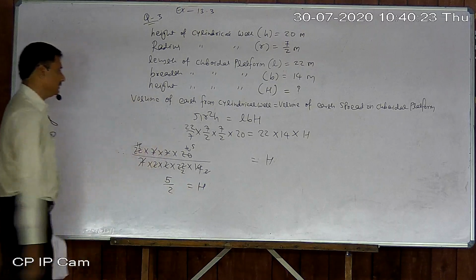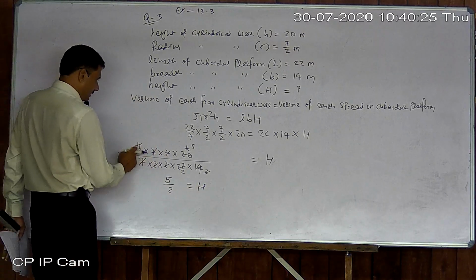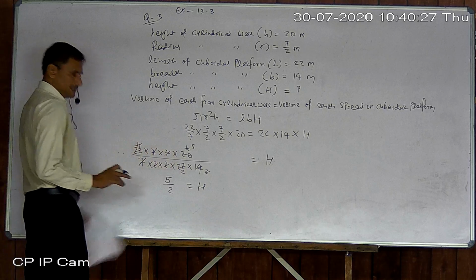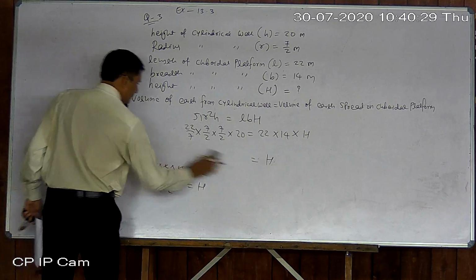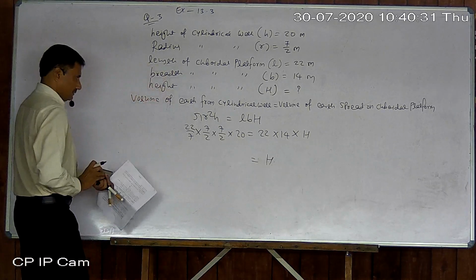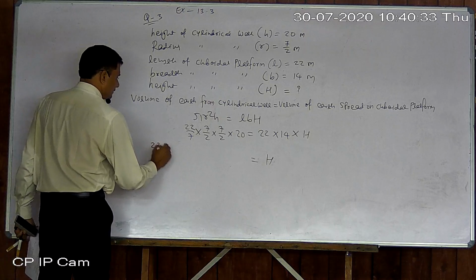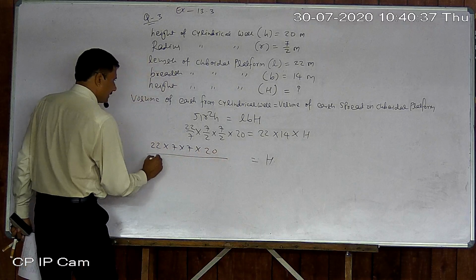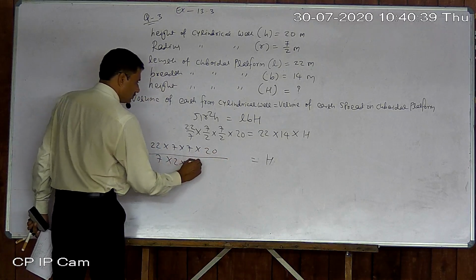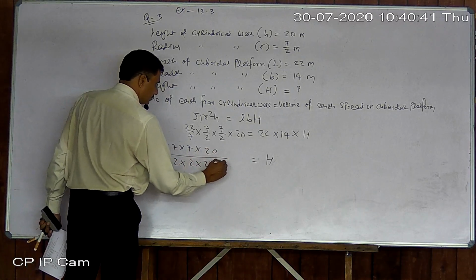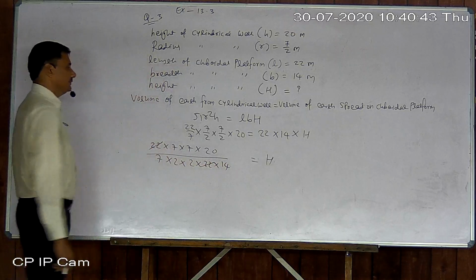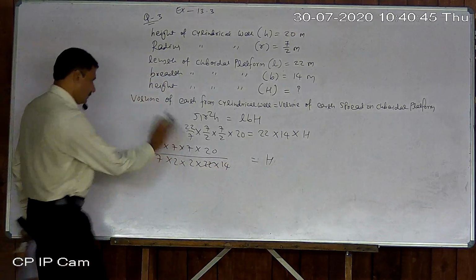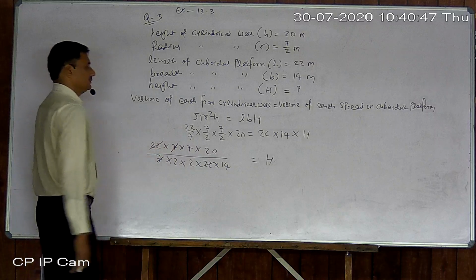Be careful here. Otherwise, priorly 22 can be cancelled out. Let me write again: 22, 7, 7, 20 over 7, 2, 2, 22, 14. 22 directly cancels out, we forgot that. Now 7 and 7 directly cancel out.